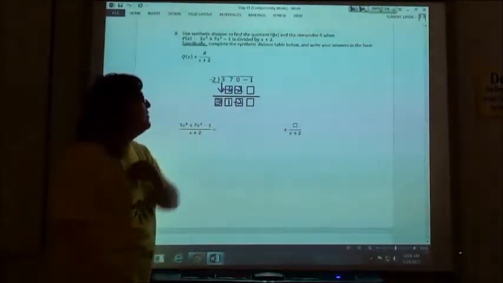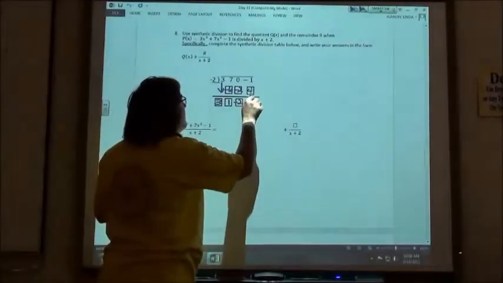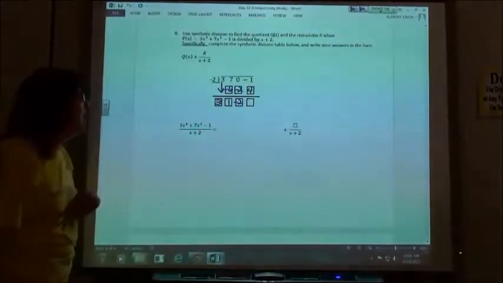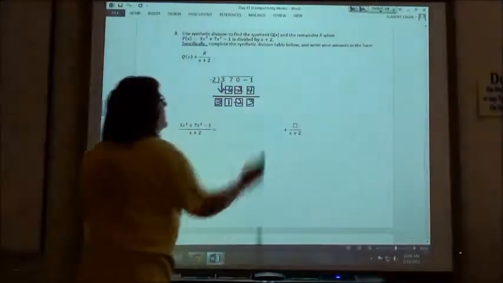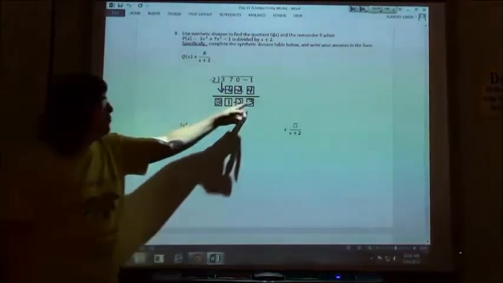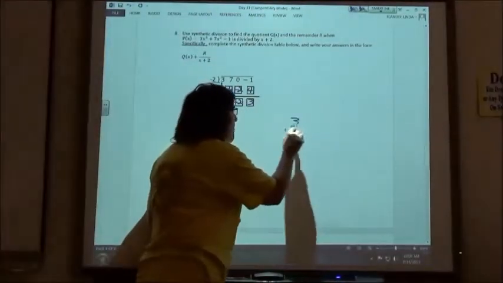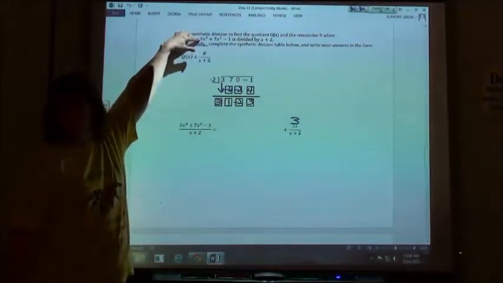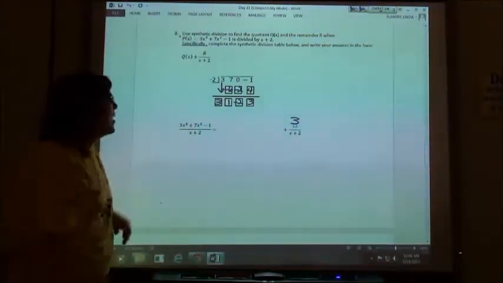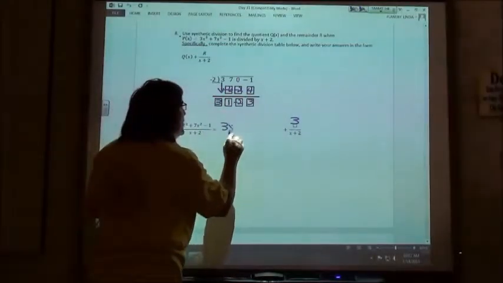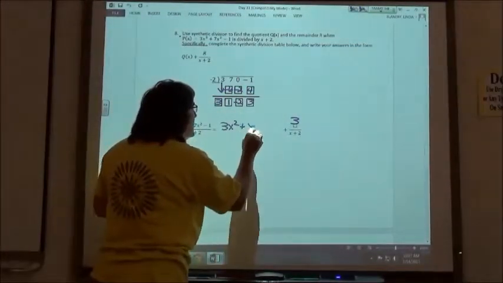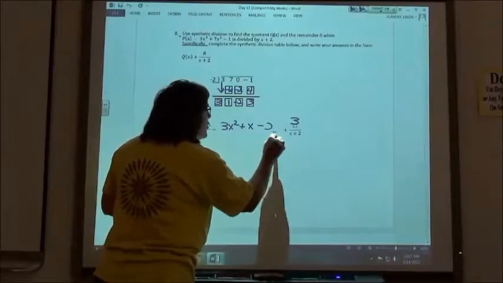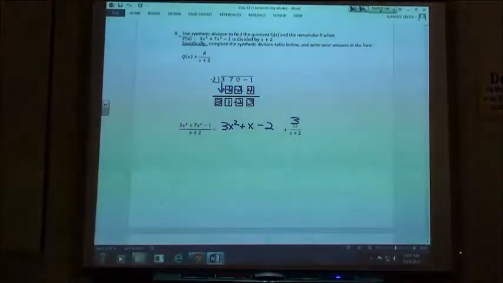Negative 2 times negative 2, positive 4. 4 plus the negative 1 above that, 3. So the 3 is your remainder. These are your coefficients, 1 degree less than the original one, which was a cube, so we get squared. So we're going to get 3x squared plus 1x to the first minus 2 with our remainder of 3.